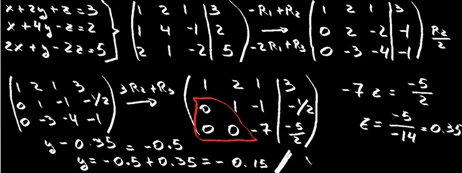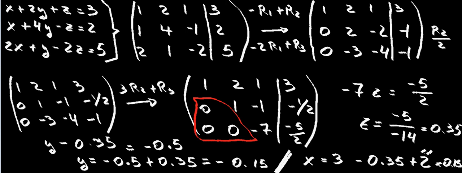I'm going to put a line here. x is going to be equal to, and I'm going to move everything to the right hand side already, 3 minus z minus 2 times y, which is minus 0.15, so this becomes plus 0.15.